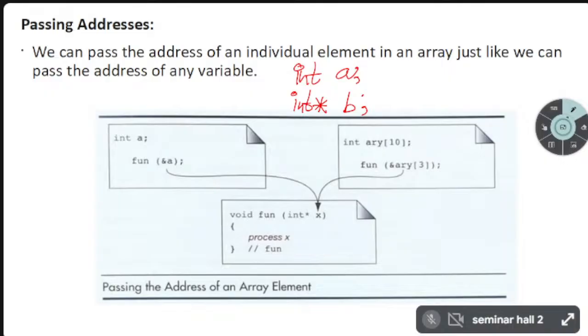Int a, a is a normal regular variable. Whereas the second statement, int star b, b is a pointer variable. So what is the role of a and what is the role of b? For example, a is a normal variable which holds the value.